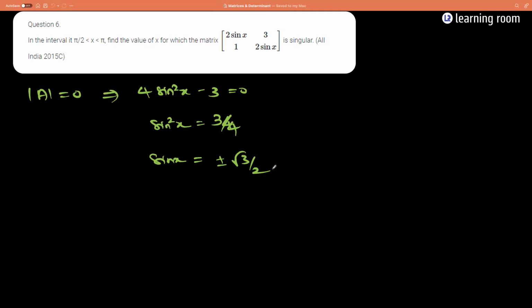So in the second quadrant, what is the value it is going to take? x can either be pi by 3 or 2 pi by 3. So among these two, which one should I take? 2 pi by 3. That's going to be the answer. So pi by 3 is rejected because of the domain that they have defined.